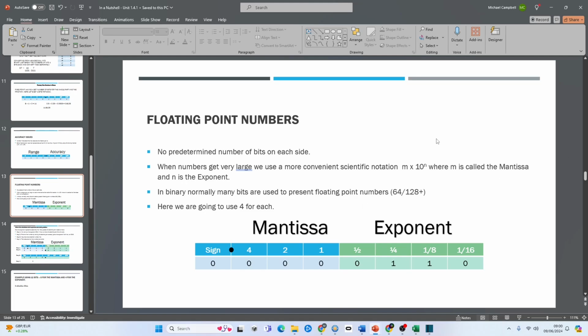But let's not get too much into it. So basically, you break up the number into a mantissa part, which is the actual number, and then the exponent, which is how much you're going to move the decimal place, basically. So it's probably best shown by example.